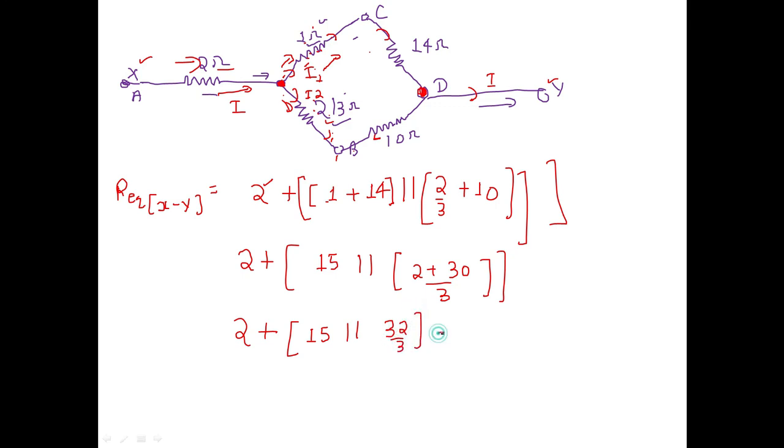If we solve it again, that is 2 plus 15 multiplied by 32 by 3, over 15 plus 32 by 3.